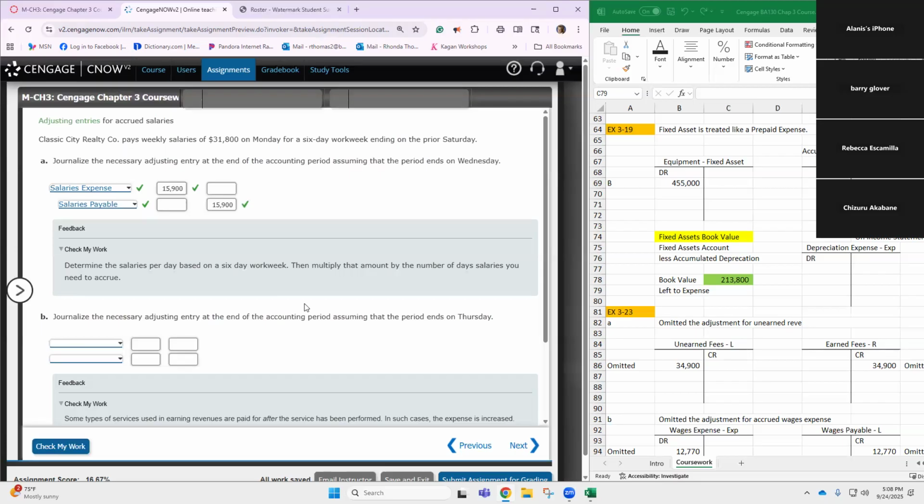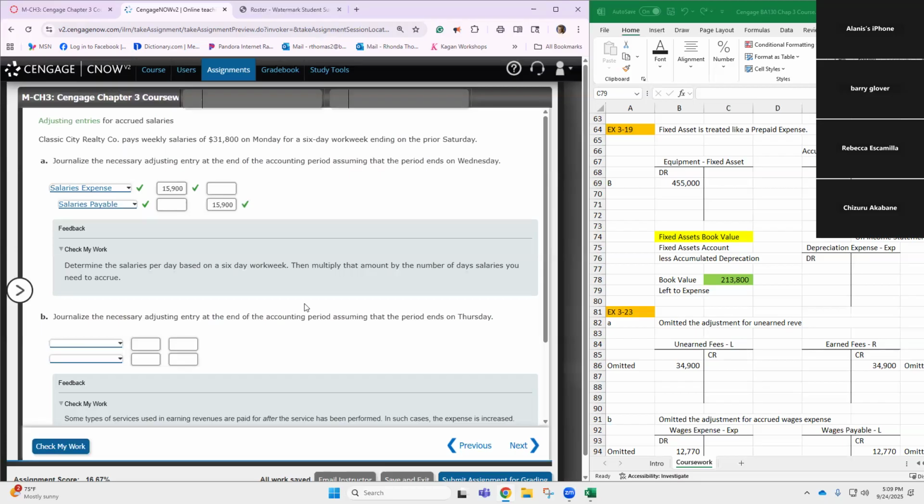Okay, so the next one that I would do is the same accounts, right? Salary expense and salary payable, but it's going to be for 4 days. So it's just a matter of calculating 4 days times my amount per day. Okay, so I guess I thought we all had the same pay periods, just different amounts.